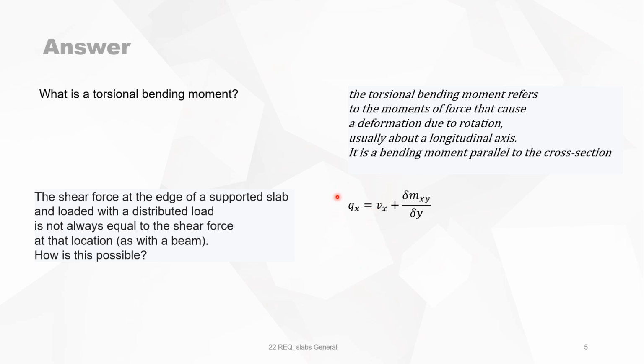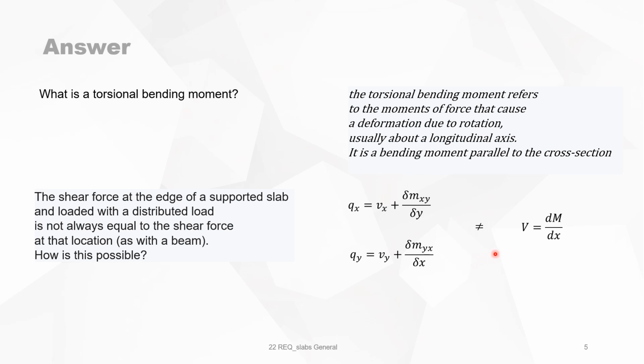The shear force for a slab, if you take the general equations, the Kirchhoff-Lagrange equation, then you will see that the shear force is equal to the shear force in x direction plus the first derivative of the torsional bending moments in the y direction. Same applies for the y direction.